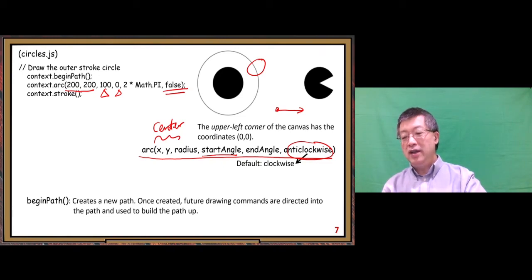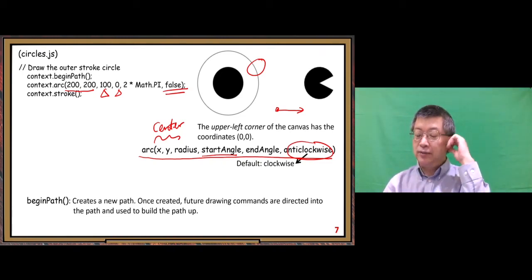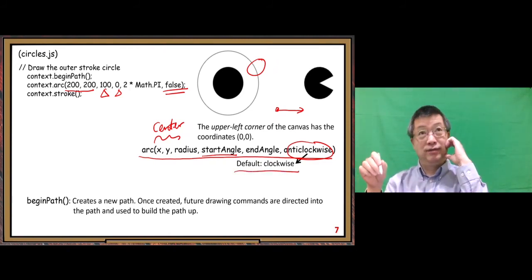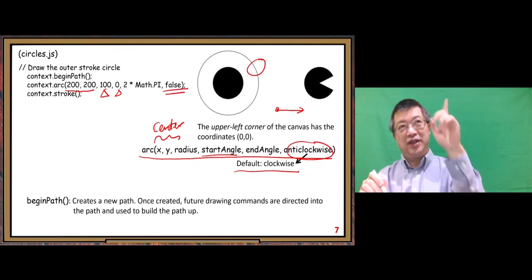It looks the opposite, right? The default is clockwise. True is non-default, so false would be... this is a bit confusing.